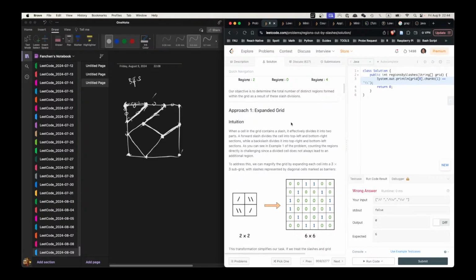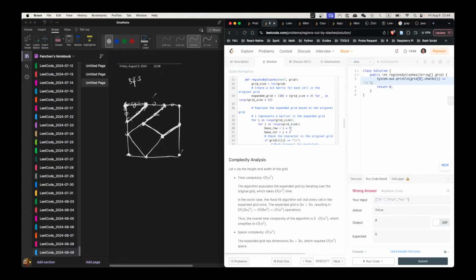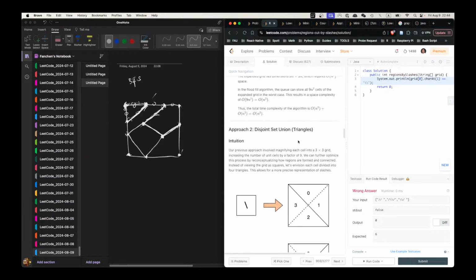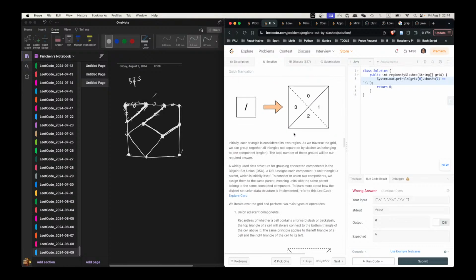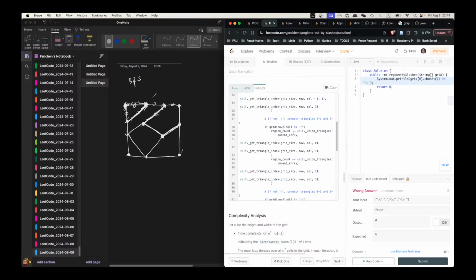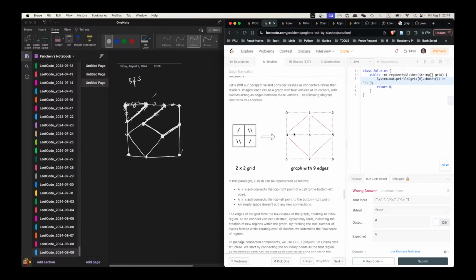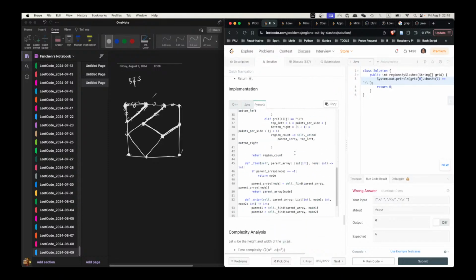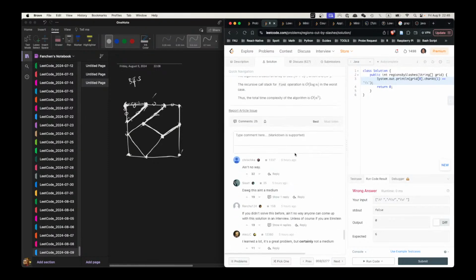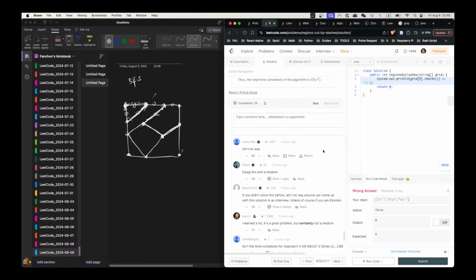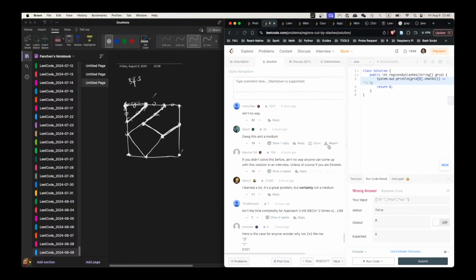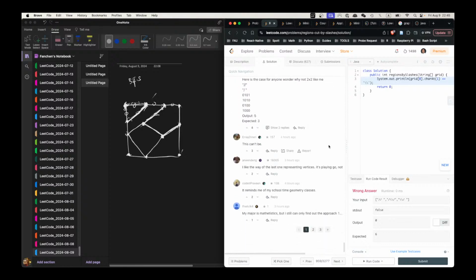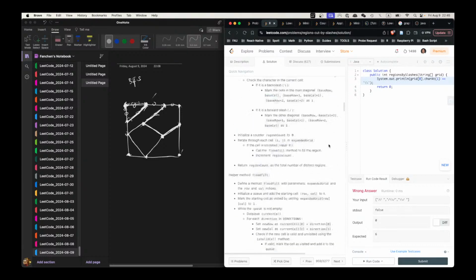Expanded grid. Triangles. Graph. Yeah. I don't think this is an easy problem, this is a medium problem.